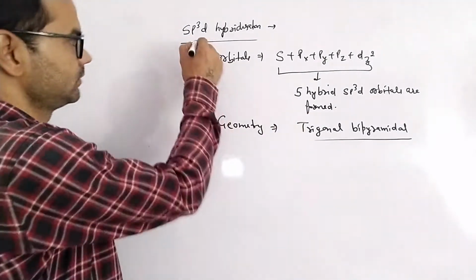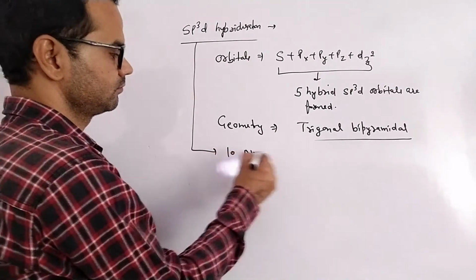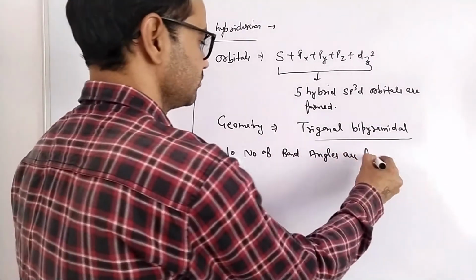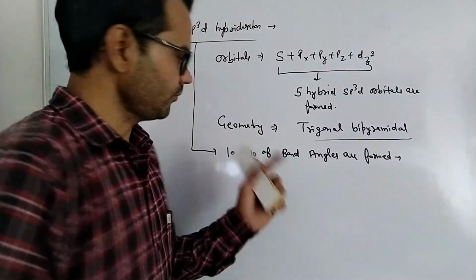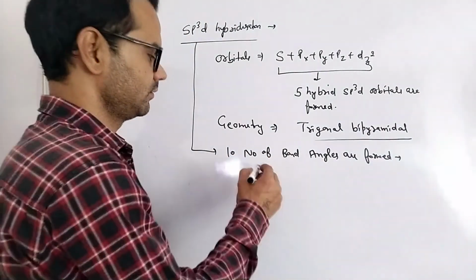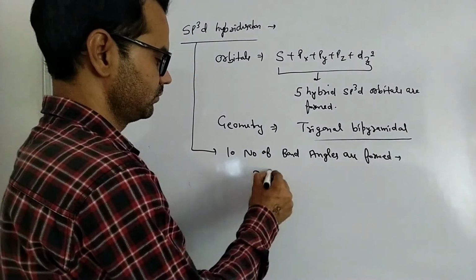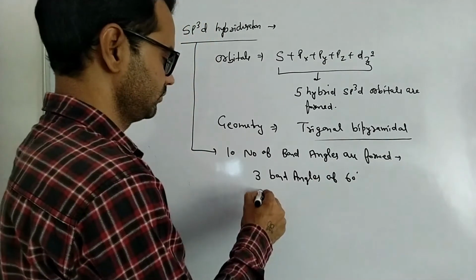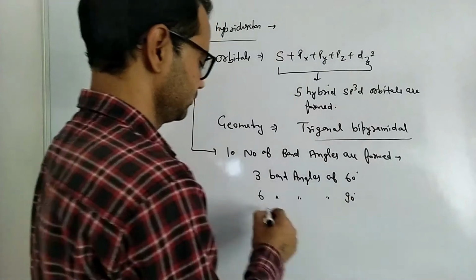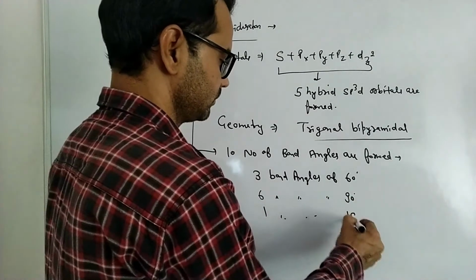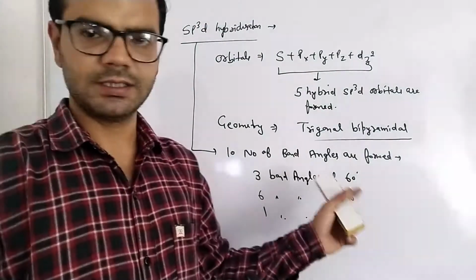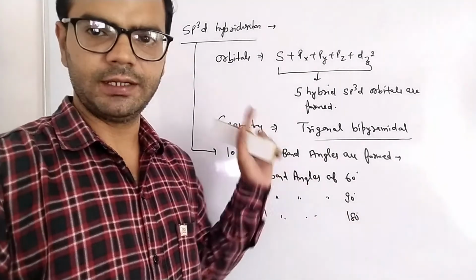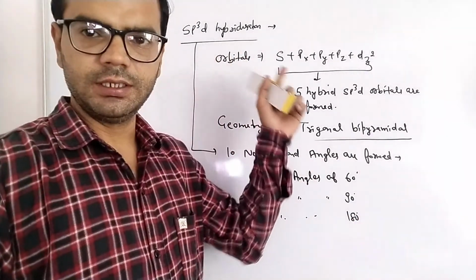Total 10 bond angles are formed: three bond angles of 60 degree, 6 bond angles of 90 degree and 1 bond angle of 180 degree. Total 10 bond angles are formed in sp3d hybridization.